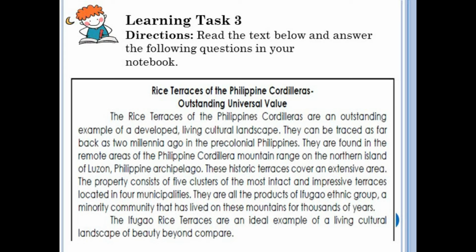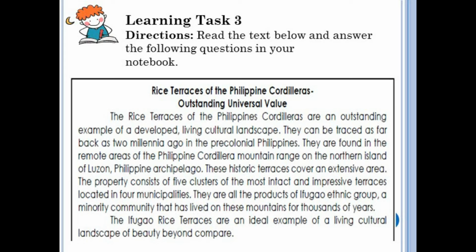They can be traced as far back as 2 millennia ago in the pre-colonial Philippines. They are found in the remote areas of the Philippine Cordillera Mountain range on the northern island of Luzon, Philippine archipelago.